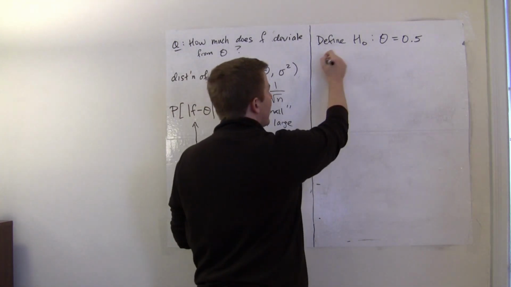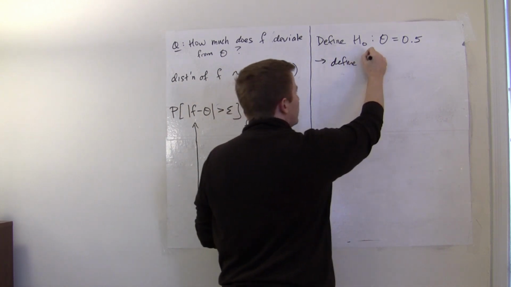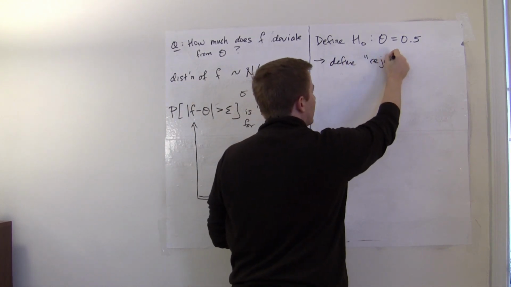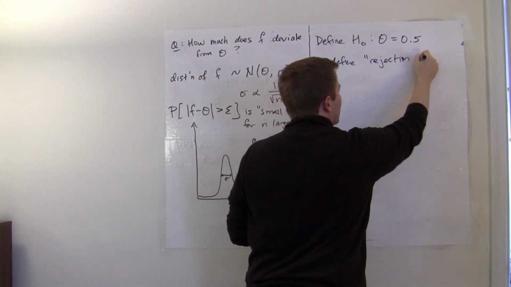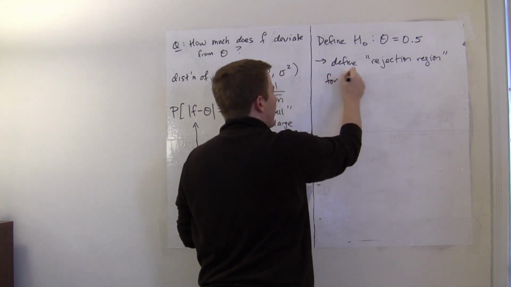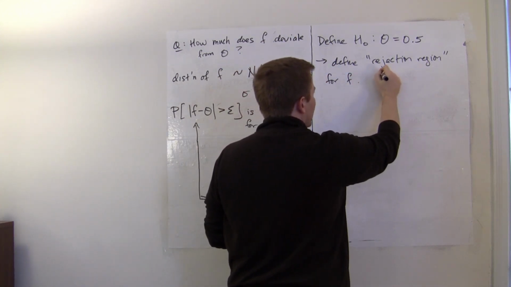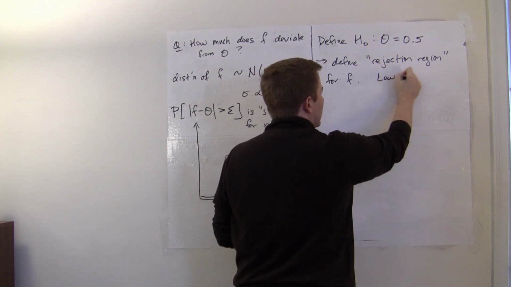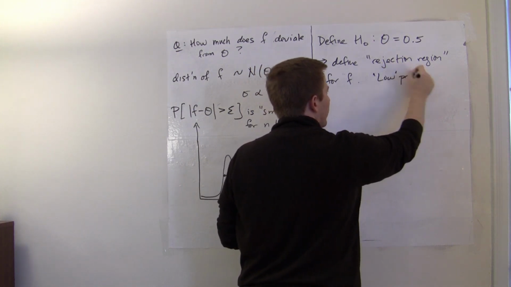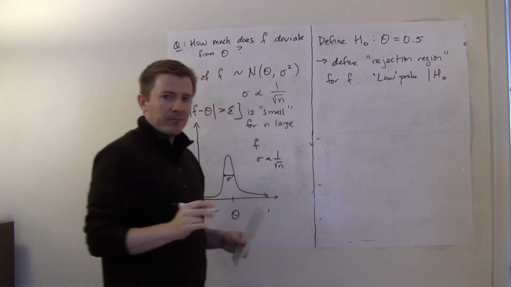So what we're going to say is, let's define what's called a rejection region for the value f, which is some region where it has low probability. What do I mean by low? Conditional on this value h0.